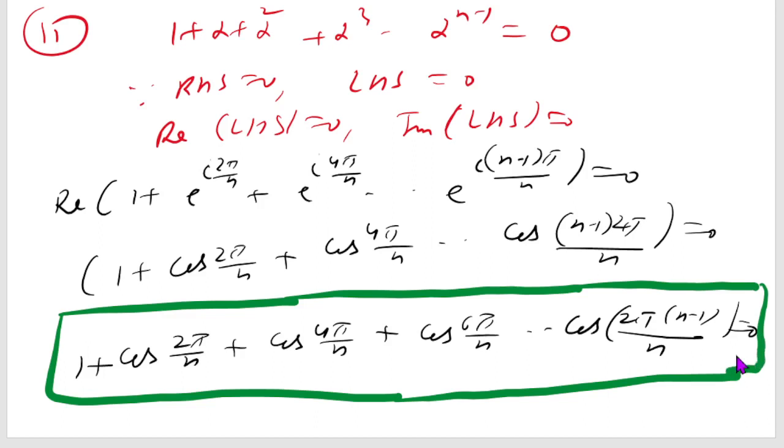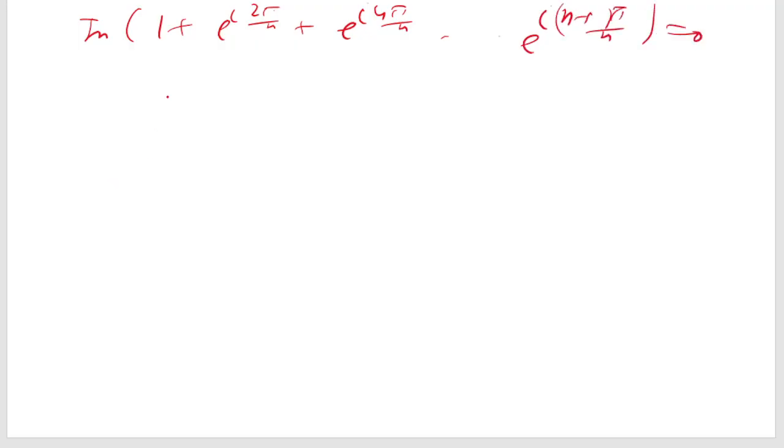In the same way, if you talk about the imaginary part, the imaginary part of 1 plus e to the power i 2 pi by n plus e to the power i 4 pi by n, up to e to the power i 2(n minus 1) pi by n, is equal to 0. The imaginary part means 1 is not imaginary, only the sine terms will be the imaginary part.